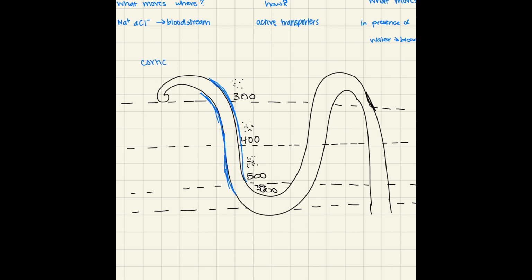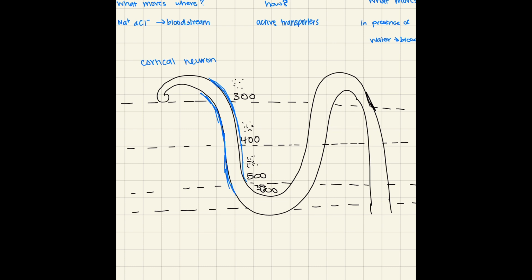The way that this cortical neuron is set up is that as we go down, the osmolarity increases. We get more concentrated as we go towards the bottom, which is what allows us to move more and more water out of the cell as we go towards the bottom, which allows us to concentrate our urine.